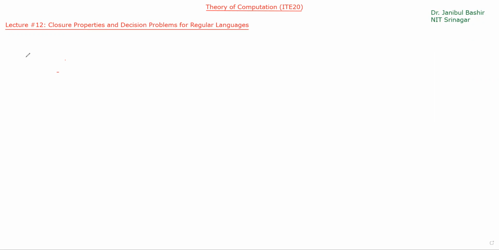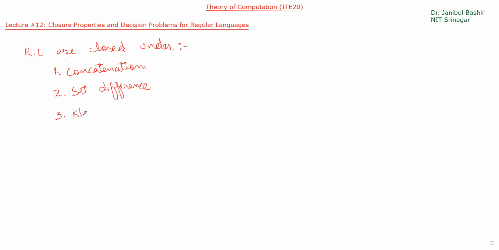So you have to prove the following: regular languages are closed under, first, concatenation. Second, set difference. Third, Kleene closure, or the star operation. Fourth, string homomorphism.